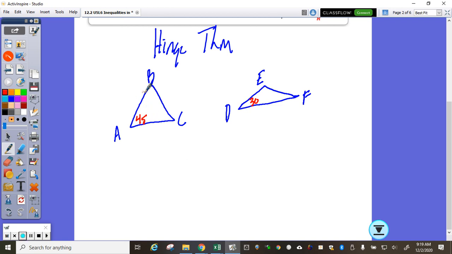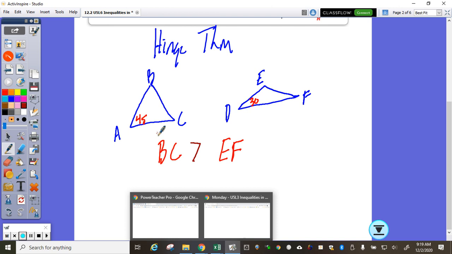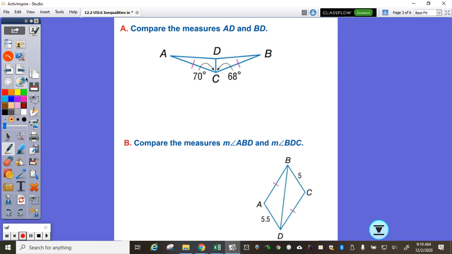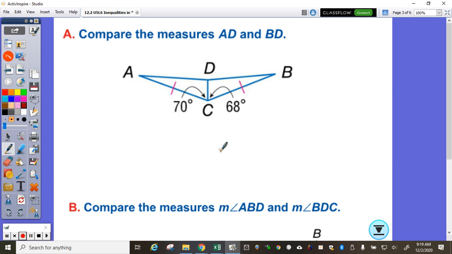Which side is bigger? Is BC bigger or is EF bigger? Okay. So if I ask you for the relationship between BC and EF, that relationship is that BC is greater than EF. That's what this theorem says right here. So, if I look at this and I say compare the measures between AD and BD.